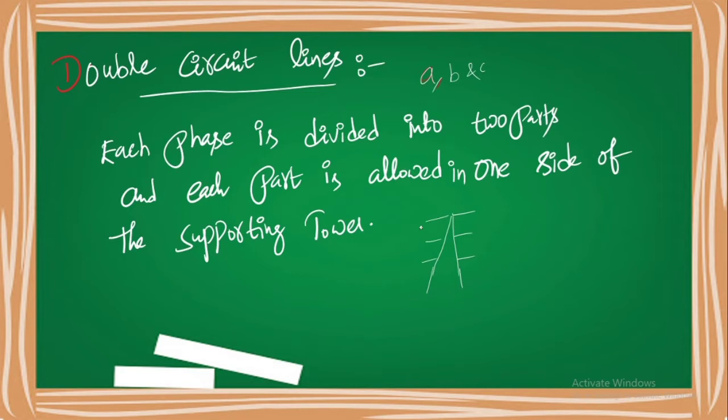Why are we using double circuit lines? For extra high voltage transmission lines, the corona effect will be higher.